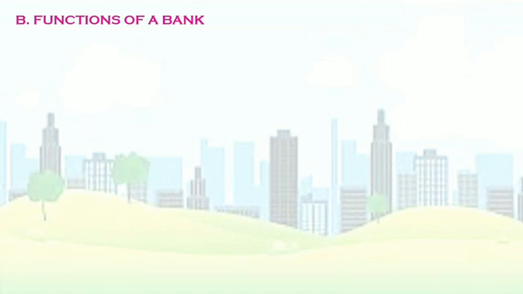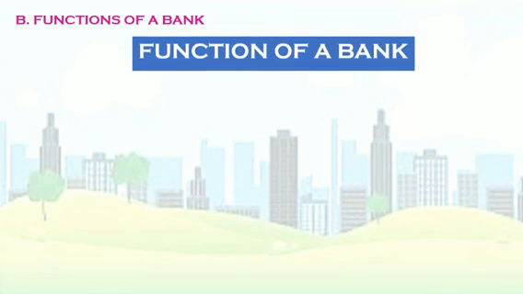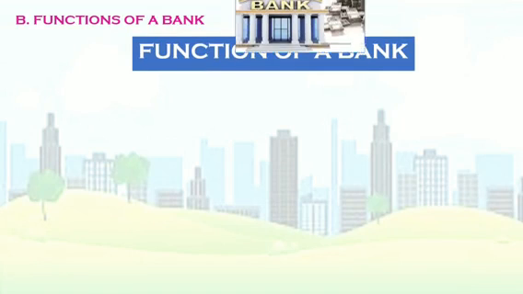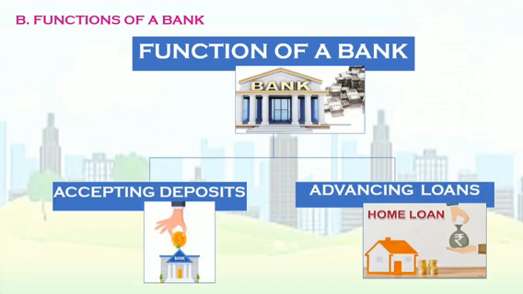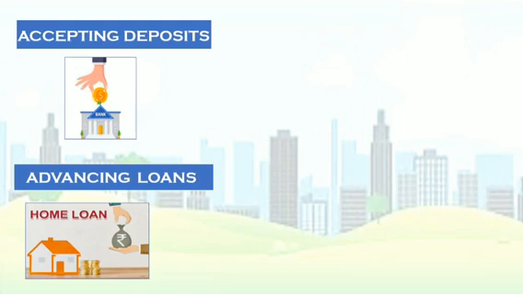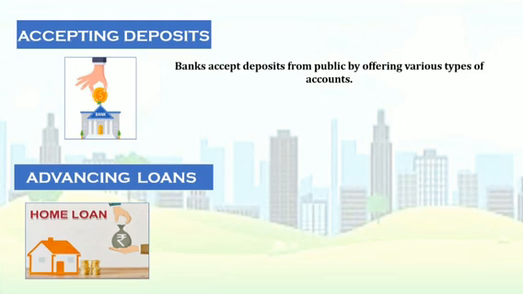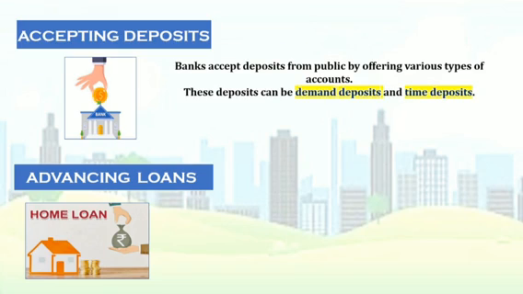Now let us look at the functions of a bank. The bank has two major functions, that is accepting deposits and advancing loans. Let us look at it in detail. Firstly, let's look at accepting deposits. The banks accept deposits from public by offering various types of accounts.